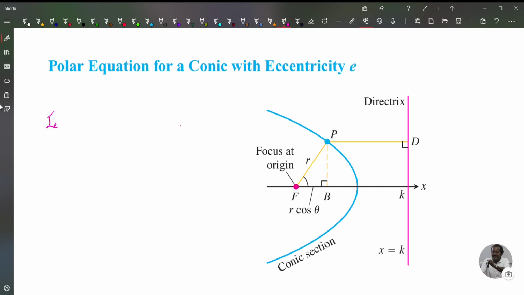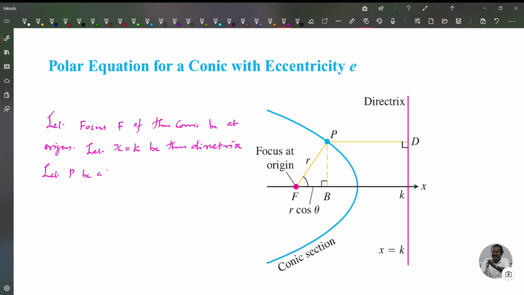Let the focus F of the conic be at the origin. Let x equal to k be the directrix. Let P be a point on the conic section.